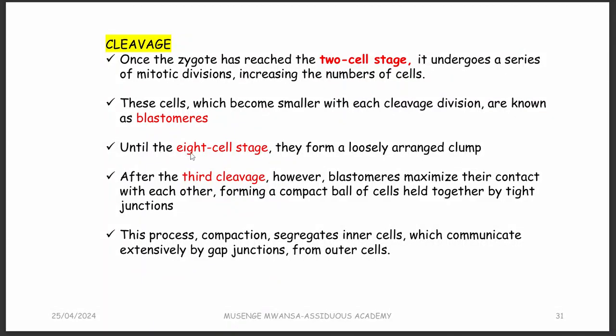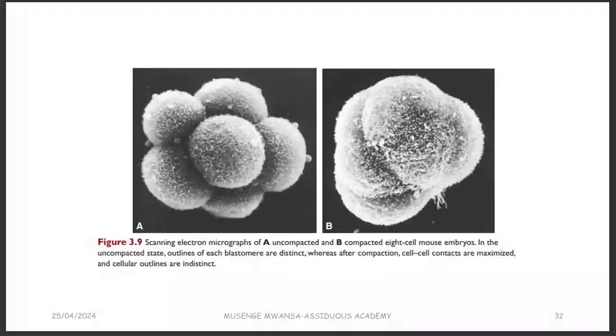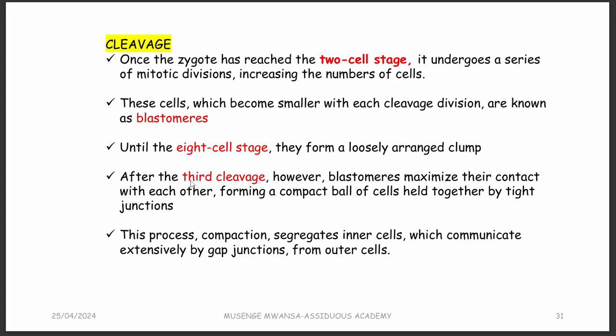Until the 8-cell stage, they form a loosely arranged clump. When the cells divide and become 8, it forms like a bow. This thing is not in two dimensions, it looks like this, like a bow. That is the 8-cell stage.